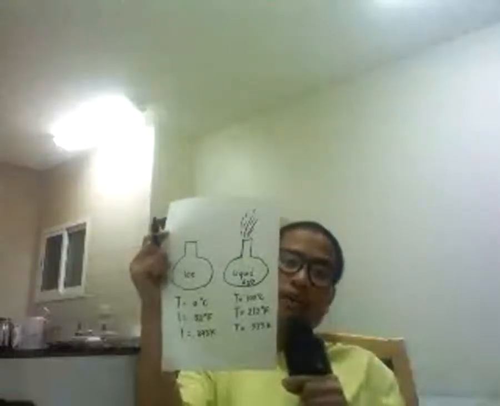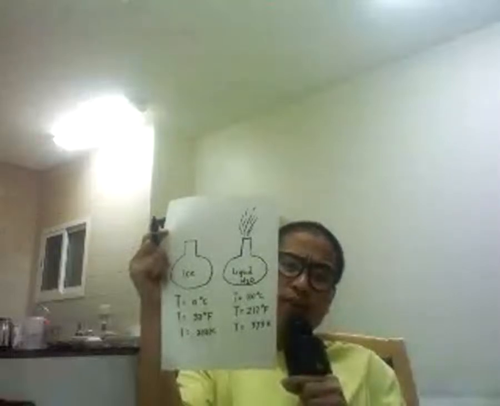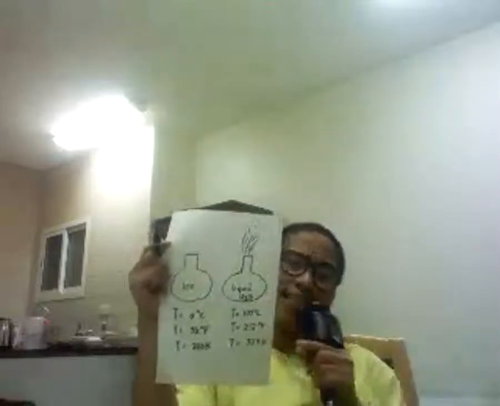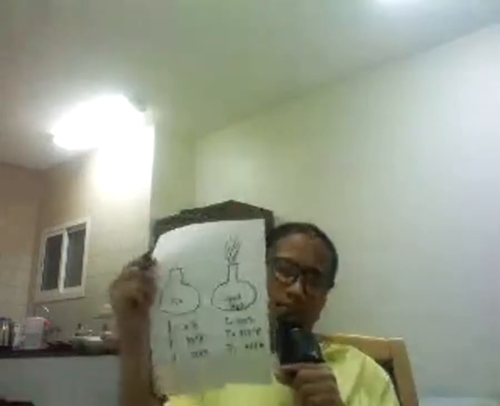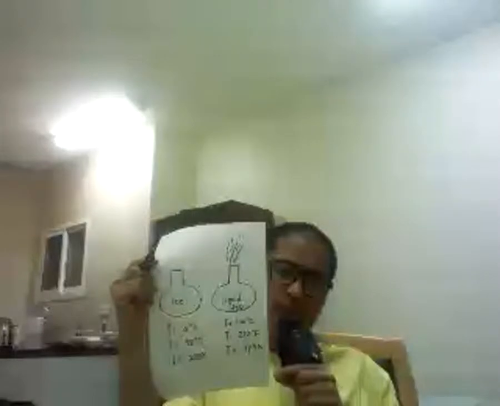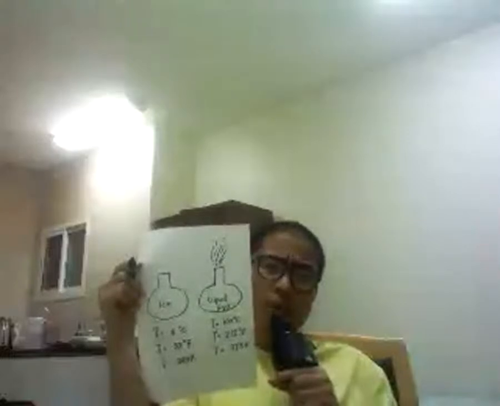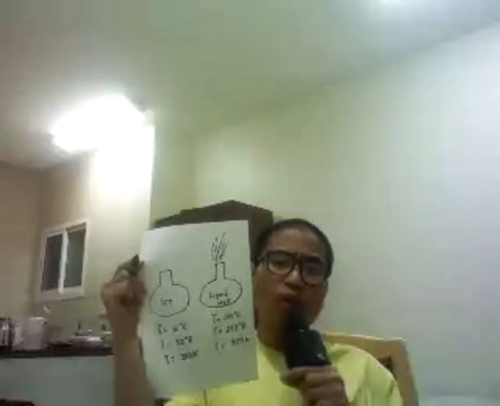But if it is boiled, more vapor will escape to the atmosphere from this flask, which originally has a high temperature. So if it is a high temperature, there will be a heat transfer from liquid water to ice. Because by the second law of thermodynamics, heat flows from higher temperature to lower temperature.